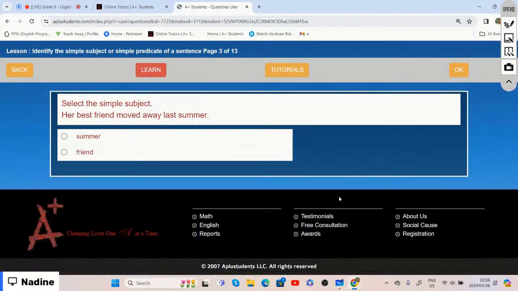Now it says we need to select the simple subject within that sentence. Her best friend moved away last summer.